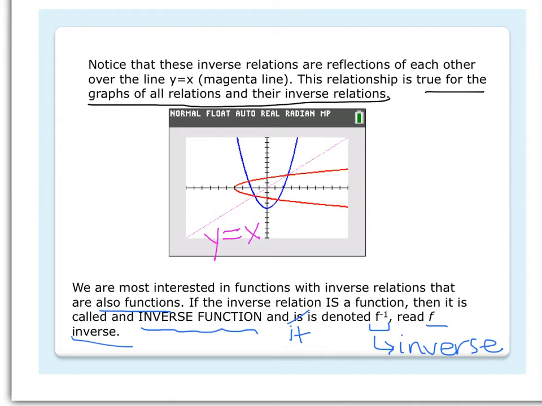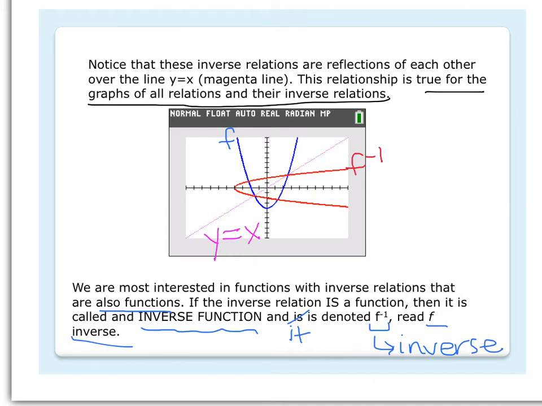So we're going to call the blue function here f of x. This was the label f, and we determined that the red function here was the inverse of the blue function, so we'll call the red one f negative 1, which stands for the inverse of f. Now, not every inverse is going to be a function.